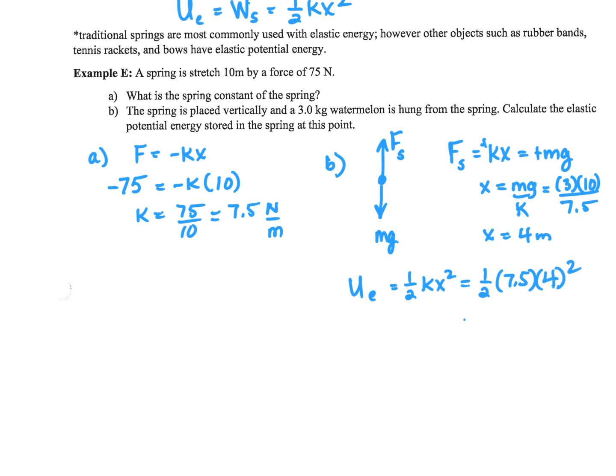So it's going to take 135 joules of energy to stretch the spring down that far, thus meaning it contains 135 joules of energy to change into something else like motion if you let go, if you take the watermelon off.